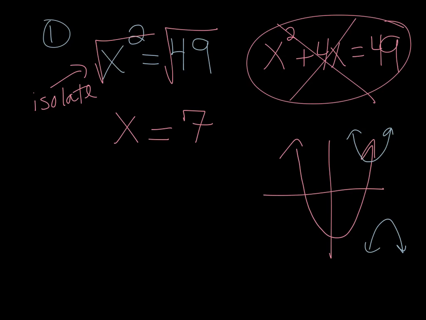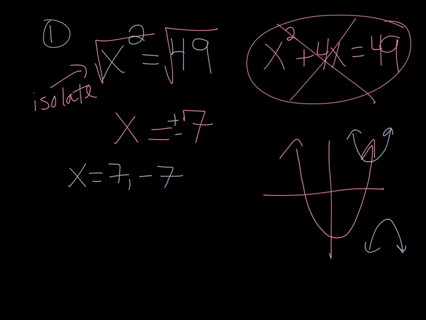So what I'm getting at here is that when you take a square root and you're solving a quadratic, if you start from x squared, remember that you not only get the positive value of 7, but you also have a negative value of 7. So every time we get our answer to solve a quadratic, we're going to use plus or minus 7, which means that we have a positive 7 and a negative 7 as our answer.